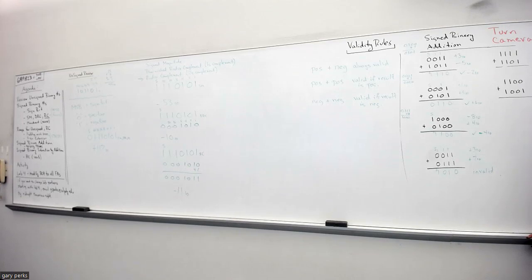No. What's the most positive number I can represent with 4 bits if it's 2's complement? 7. So you see, that's another way to determine if you have an invalid addition, is that if your result is outside the range that you can represent with that number of bits, it's going to be invalid.